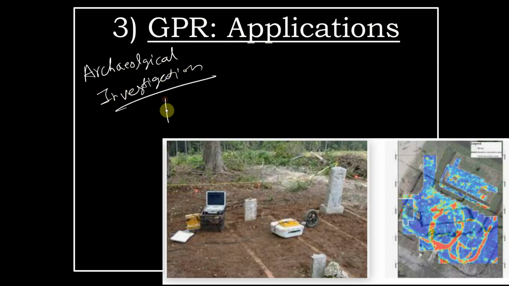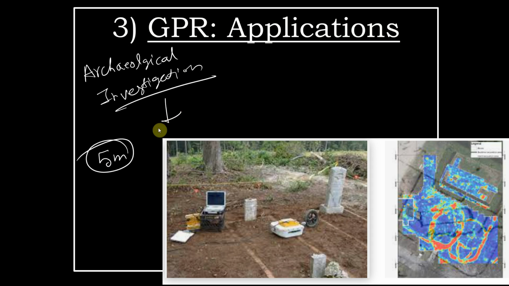Okay, people are using GPR in archaeological investigation also. I read somewhere that most of the archaeological remains are within 5 meter from the surface. So if you have a high resolution image of that 5 meter without digging, because these things are very sensitive, you have to tackle them very carefully.